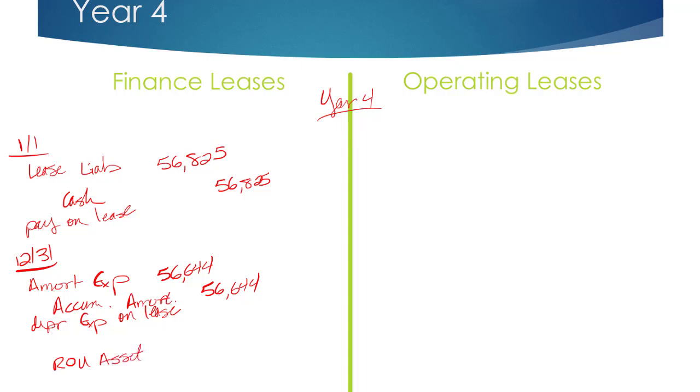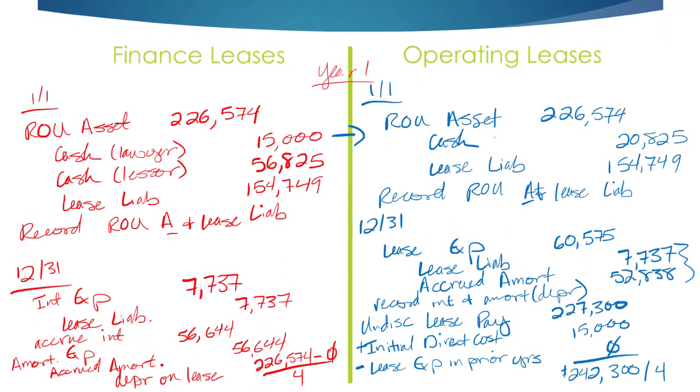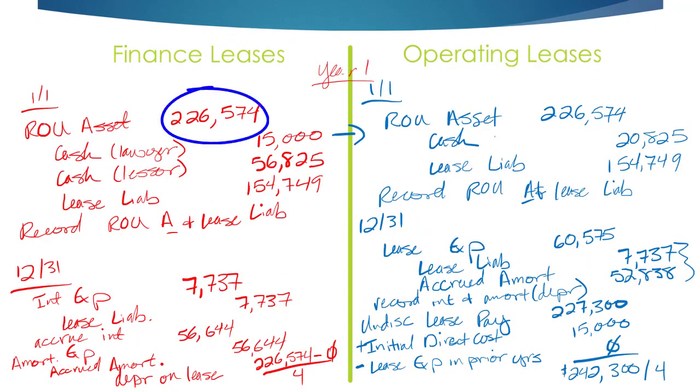And if you go back and look at our original entry, you can see that we debited in $226,574. That's also the amount that's in our accumulated amortization. You can see it down here in our calculation.